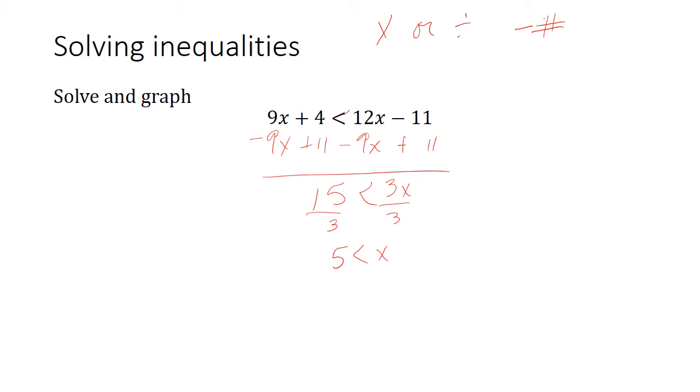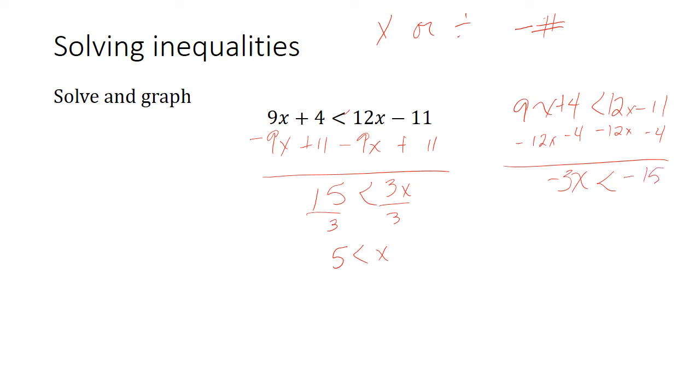So let's say I moved it to the other side instead. So let's say I did 9x plus 4 is less than 12x minus 11. And I moved my 12x over because I wanted to gather my x's on the left side. And I moved my 4 over there. Then over here I would have negative 3x is less than negative 15.